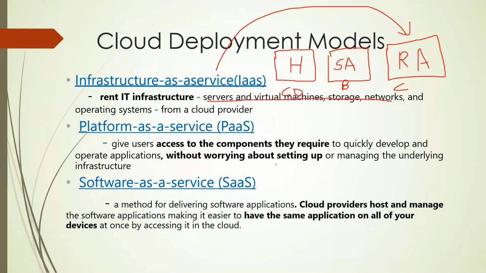If I need a specific database for my application to run, instead of getting the plain infrastructure, deploying the database and setting up all the required things, there are some PaaS services available. I can go and use it.